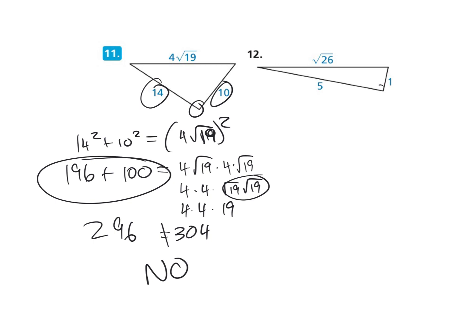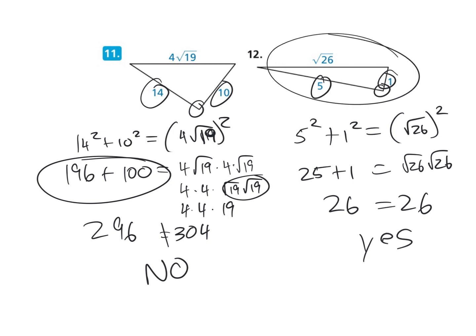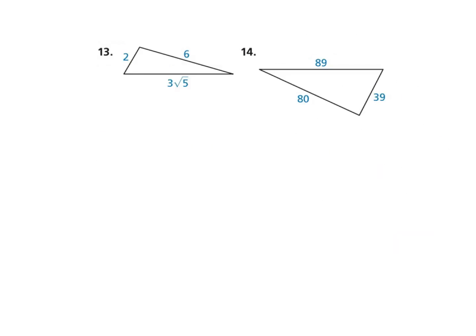Again, number 12, this looks like the 90 degree angle, so 5 and 1 are your A and B. 5 squared plus 1 squared, does that equal the square root of 26 squared? So 25 plus 1 is 26, and when we square a square root, that means we have pairs, so that's 26. And so yes, that makes a right triangle. Same thing here.